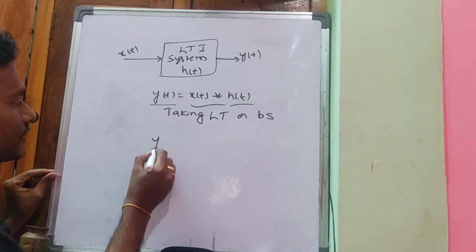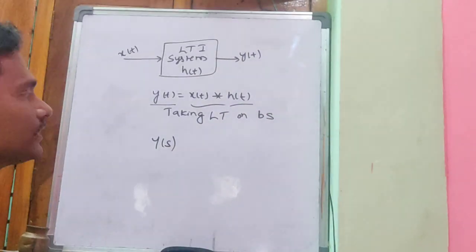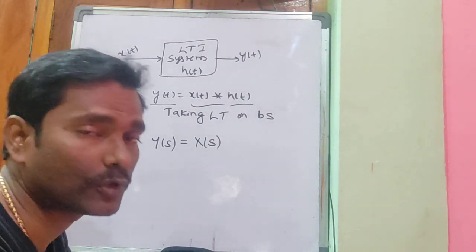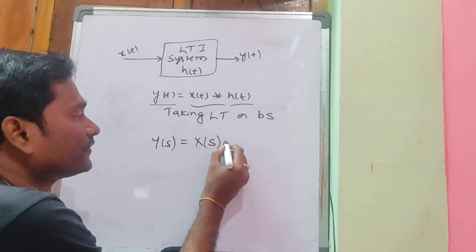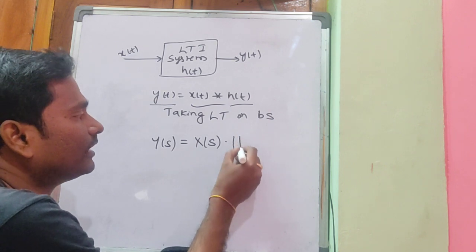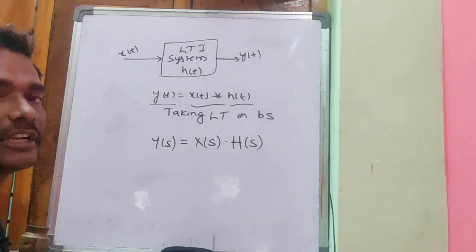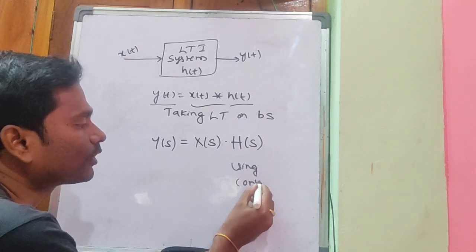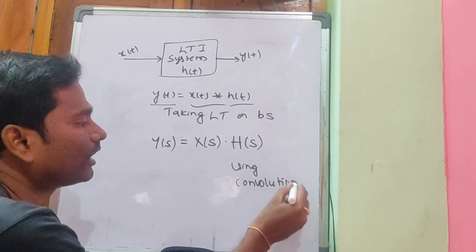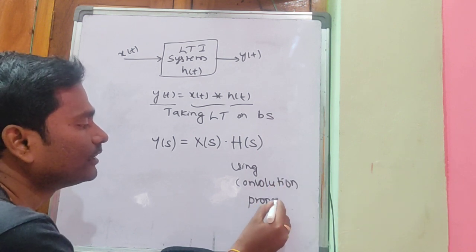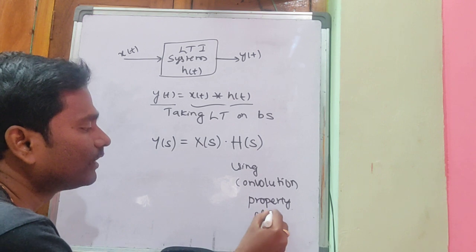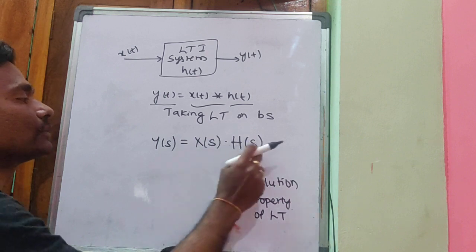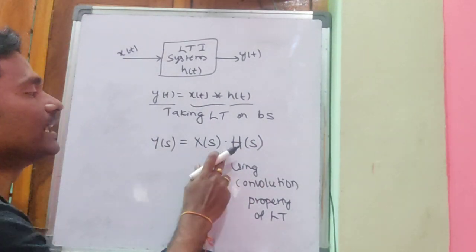y of t becomes Y of s, that is equal to X of s multiplied with H of s, using the convolution property of the Laplace transform.